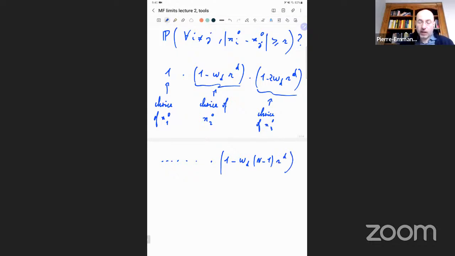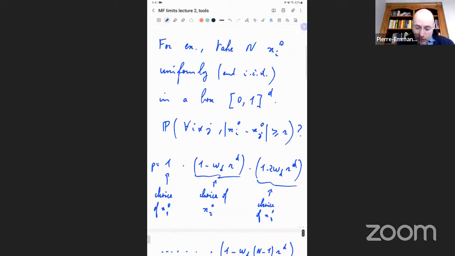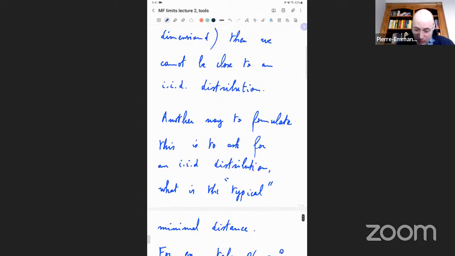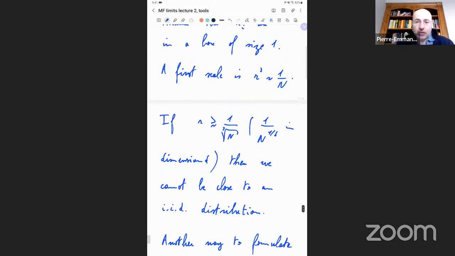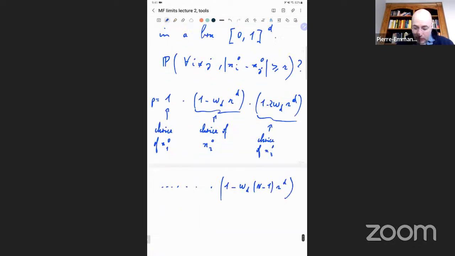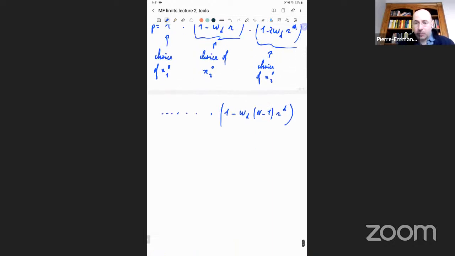And that is my probability. So that's the number I have to estimate. Now, you see that if this nrd, which was the scaling that I had here, is close to 1, then this is a number that is going to be strictly less than 1, and I'm going to multiply a lot of them. So this probability is going to be exponentially small.